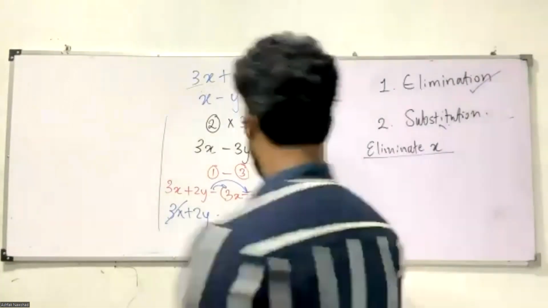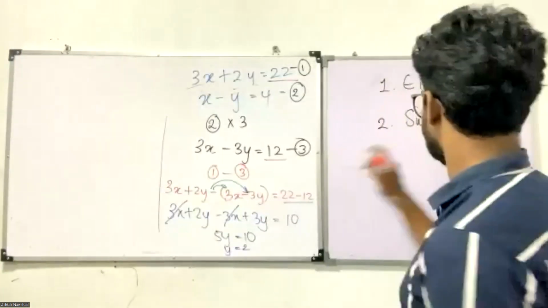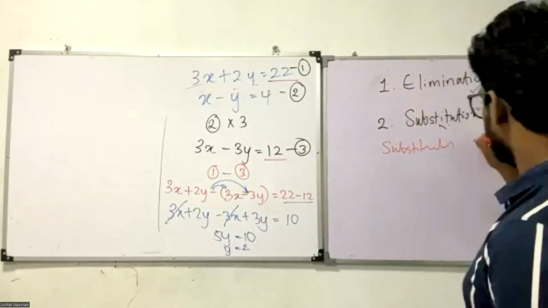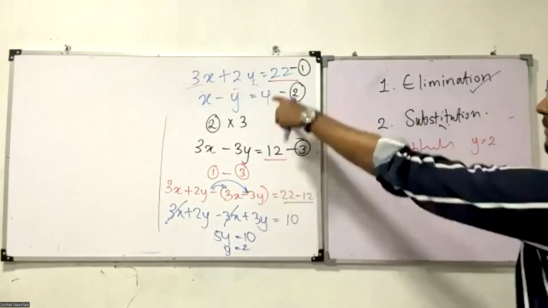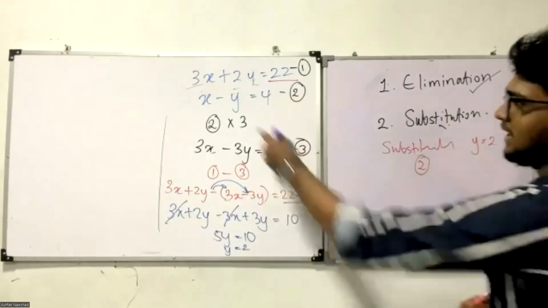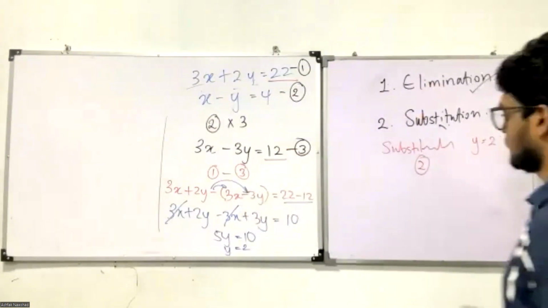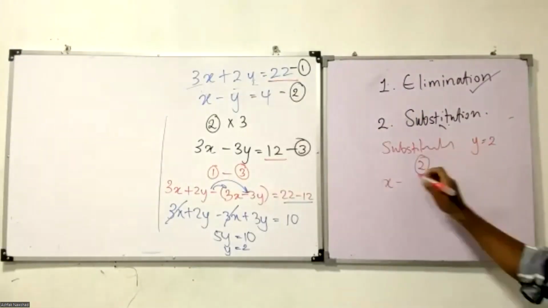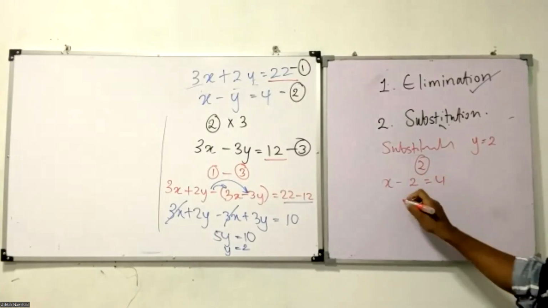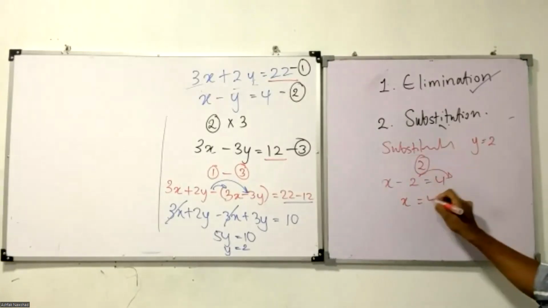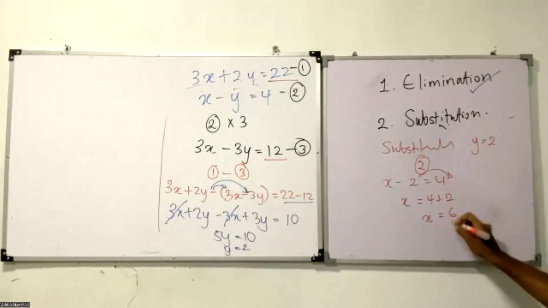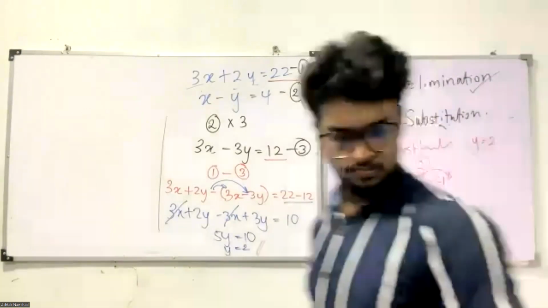I'm substituting y equals 2 in the second one. That's pretty easy, a small value. X minus 2 is 4. X is 4 plus 2, which is 6. So x is 6 and y is 2.